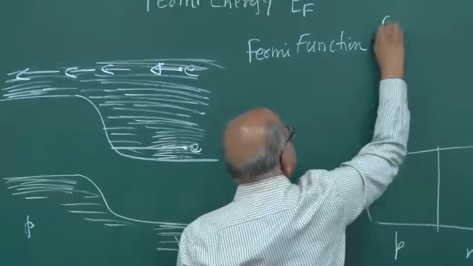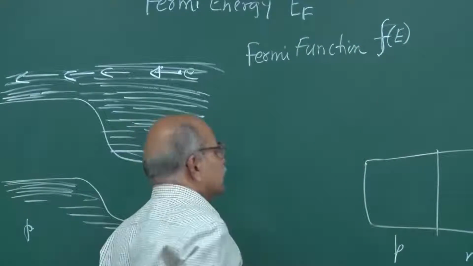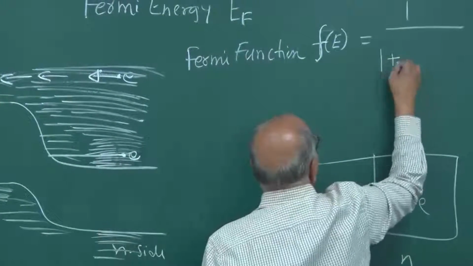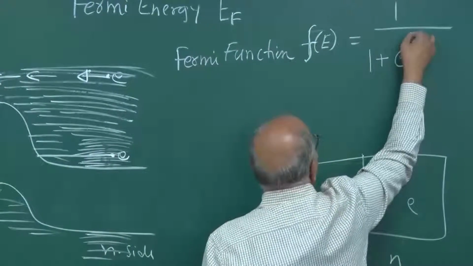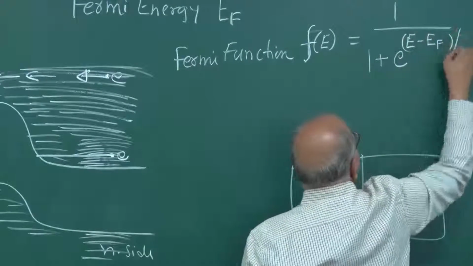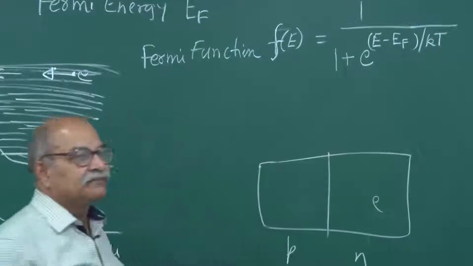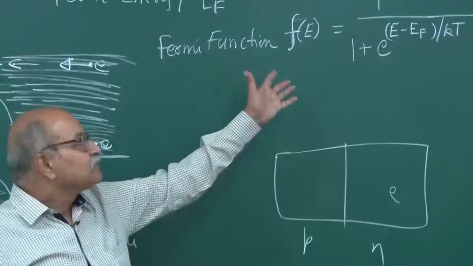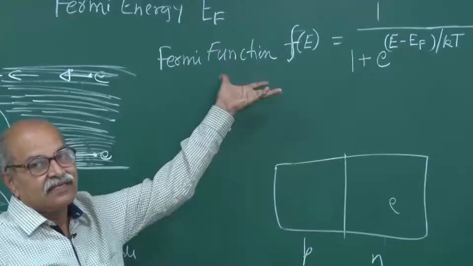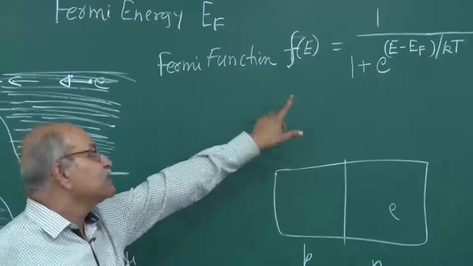Let's call it small f, a function of energy, written as f(E) = 1 over 1 plus e to the power (E minus EF) divided by kT, Boltzmann constant times temperature. This function represents the probability that an electron will occupy a quantum state at this energy.